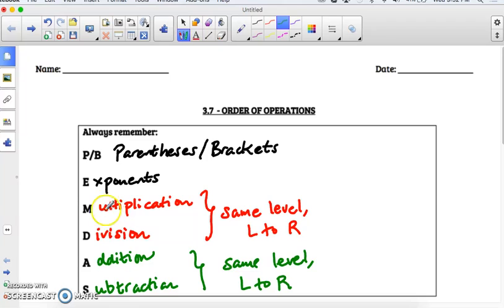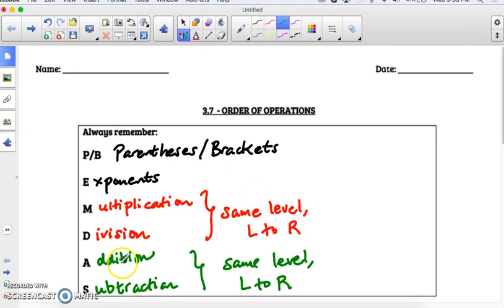If they're the only ones left in an equation, you solve the multiplication and division as is, left to right. Same with the addition and subtraction. If they're the only ones left, typically it's the last one left in the equation, then you would solve those left to right. Again, this will make more sense as we do more sample equations later on.